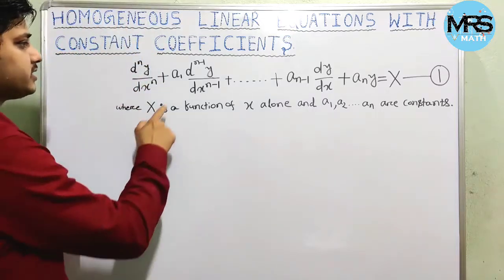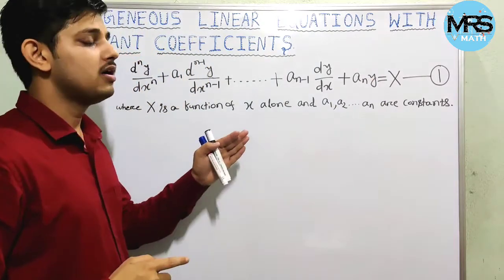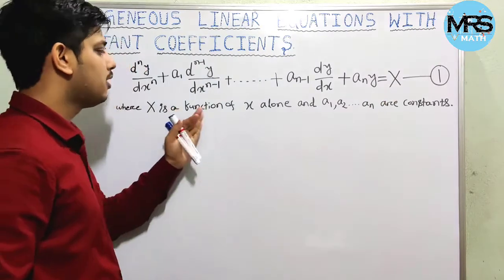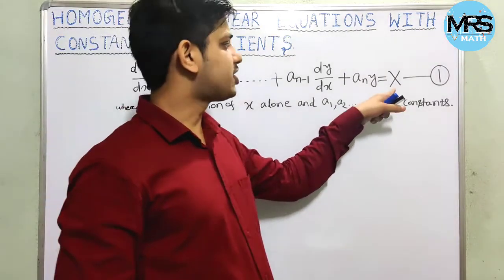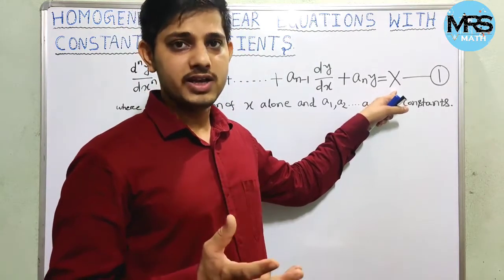Here a1, up to an minus 1, an, are arbitrary constants, and this capital X is a function of x alone, okay? From this term, capital X, we get the particular integral.